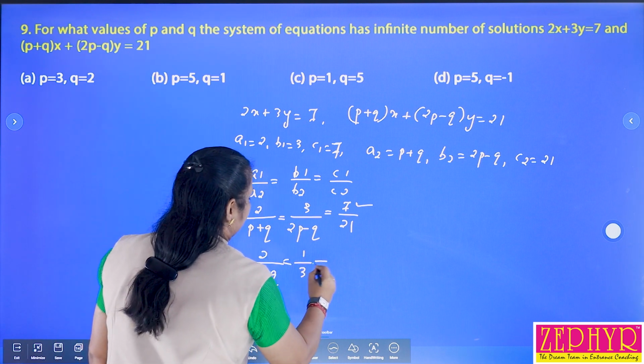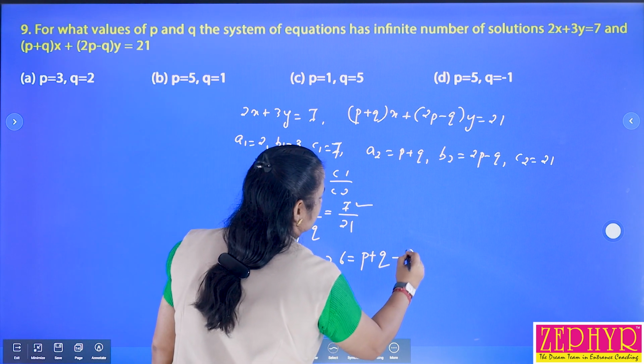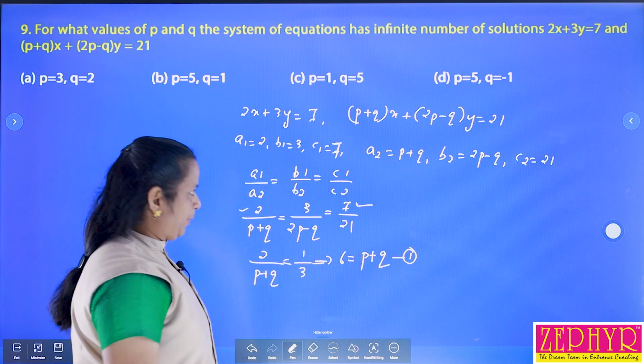Cross multiplying we get 6 = P + Q. Take this as equation number 1.